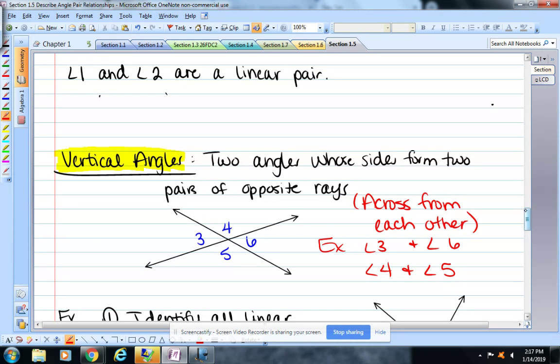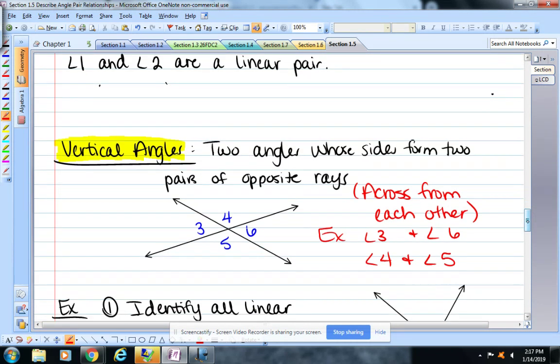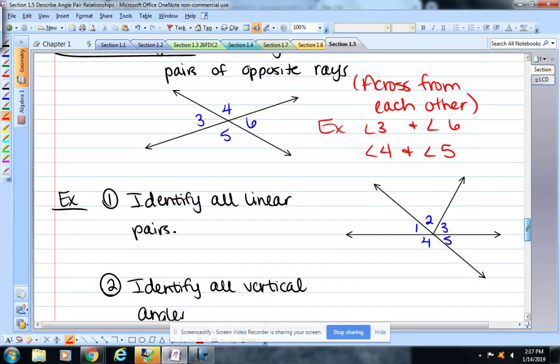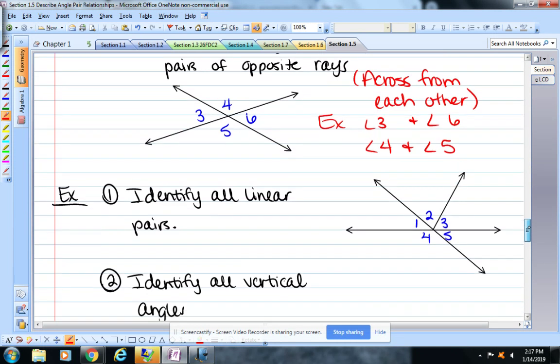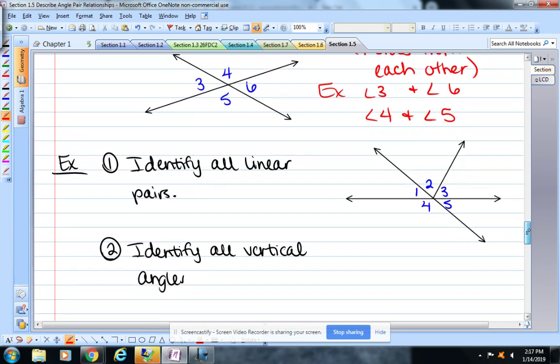So here's what's going to happen now. They are going to give you a picture of some angles. And they're going to ask you to identify the angles that are linear pairs and the ones that are vertical angles. So that's an interesting picture, isn't it?